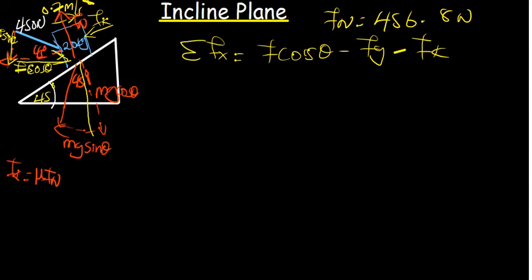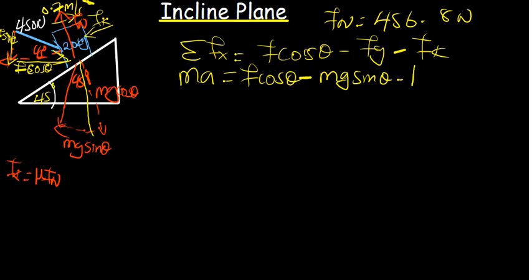So according to Newton's second law, Ma is equal to F cos theta minus Fg, where Fg is always mg sin theta. At the same time, Fk is always mu times the normal force. Let's not tamper with the normal force, because we have calculated it already, we know it already.